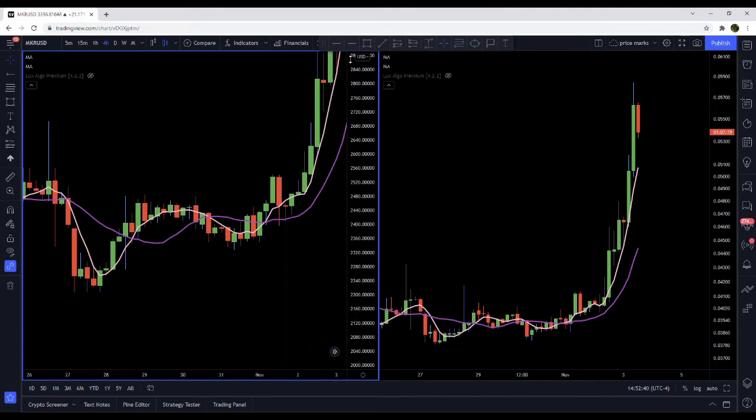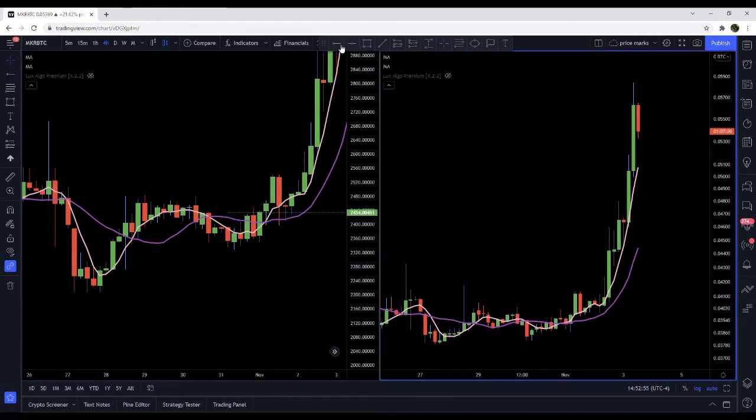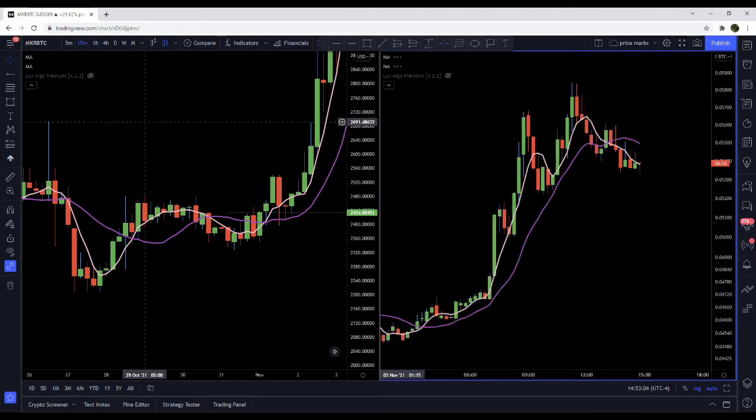So now put our structure there. Put our structure back there. So now you can see how things are starting to shape up.